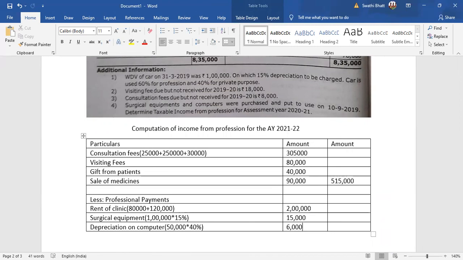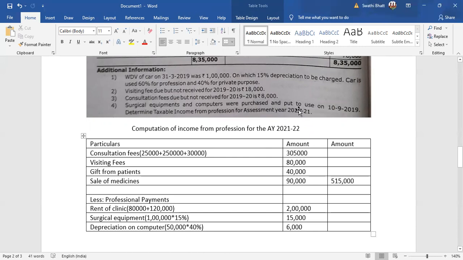You would only take the asset and calculate depreciation on it. You have to be very careful with the dates. If the asset is used for more than 180 days, the entire rate can be claimed as depreciation. If it is used for less than 180 days, only half of the rate can be claimed as depreciation. So here, computers were also used for more than 180 days.